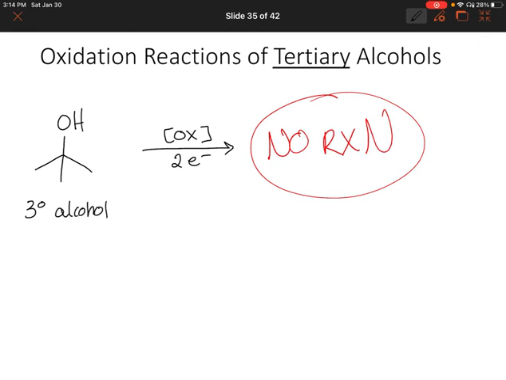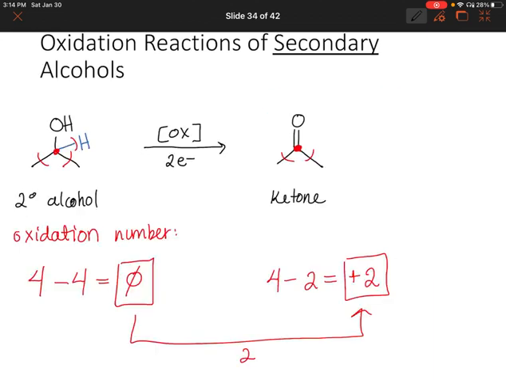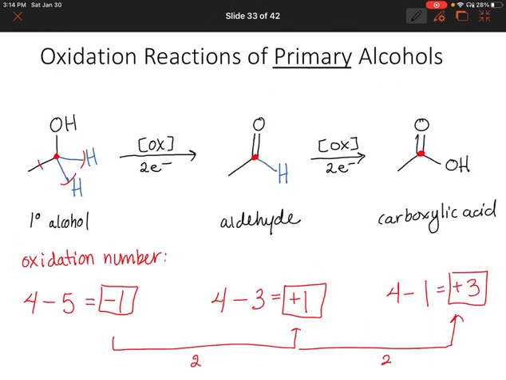Now, part of the reason for that is we don't have any hydrogens that we can lose. Whereas remember in primary alcohols, there were 2 hydrogens that we could lose.